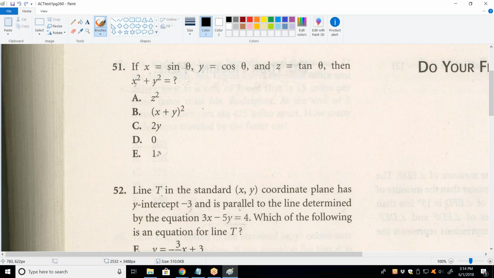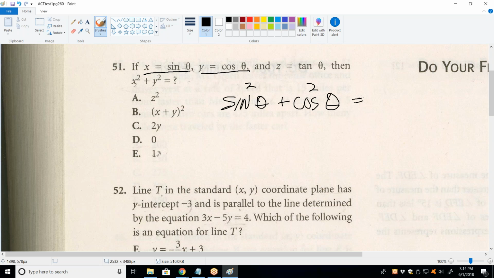It's this way. In other words, if I just do a direct substitution, I get sine squared of theta plus cosine squared of theta. What's that always equal to? That's a Pythagorean trig identity.